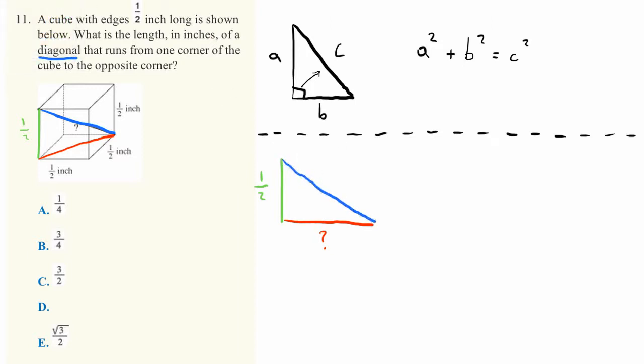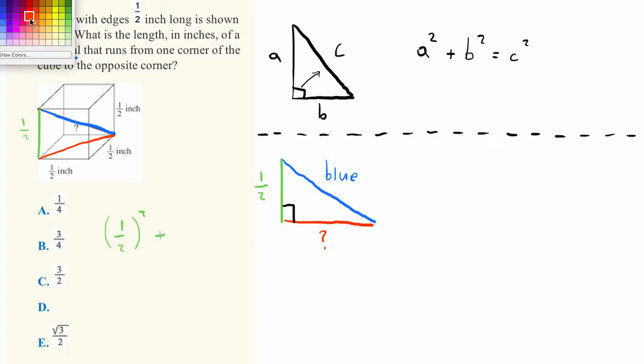The relationship would hold, and we'll just call the length we're trying to find blue. So 1/2 squared plus question mark squared is equal to blue squared.